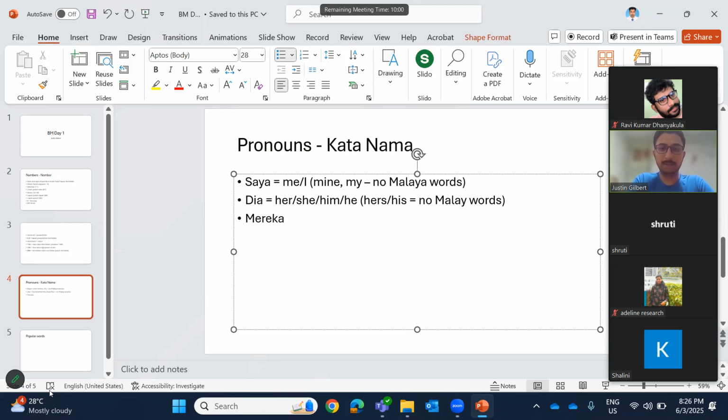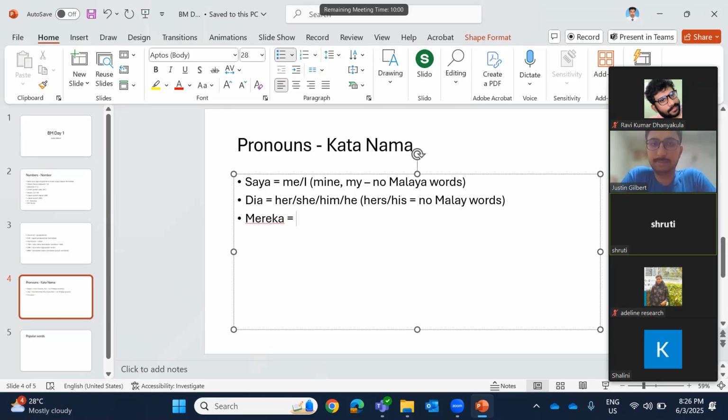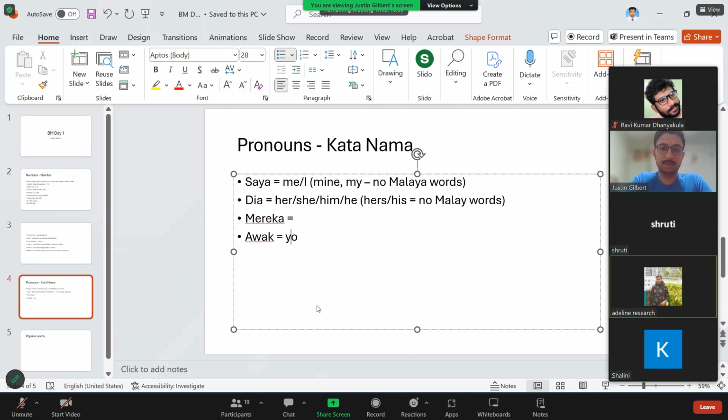Mereka. Anyone can tell me what is mereka? No. Maybe I'll go with one here. Hawa means you. Yes, hawa is you. And there's another word you can use for hawa, which is anda. Them.